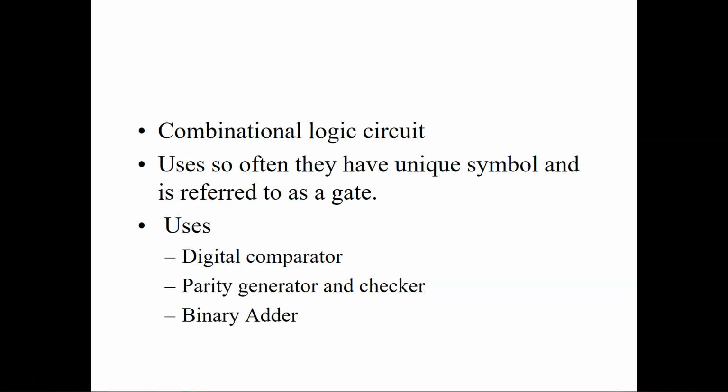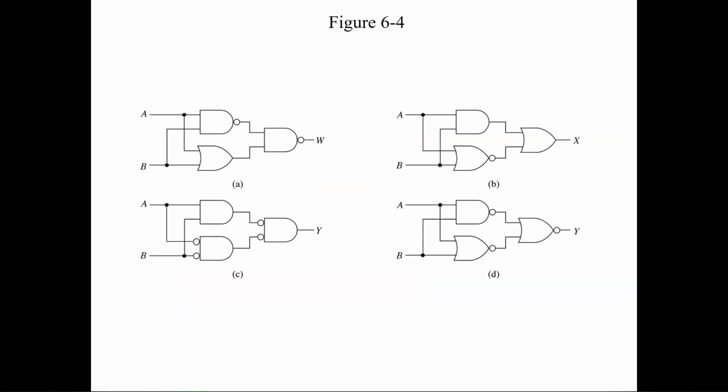So we have combination logic circuits. And these guys are used very often, so they have their own symbol. So we have digital comparators, parity generators and checkers, binary adders. They have several different places they use just about any of this. So this should look familiar.